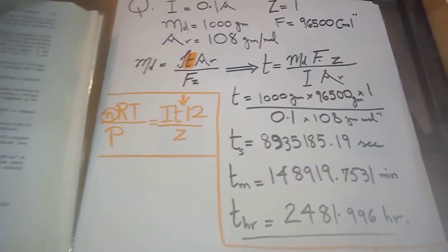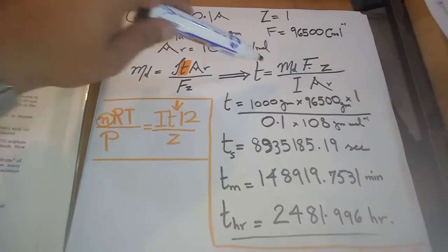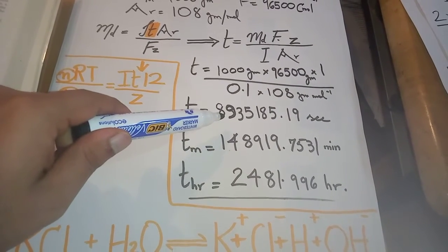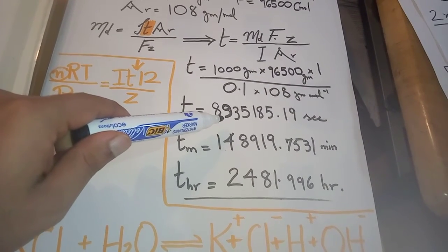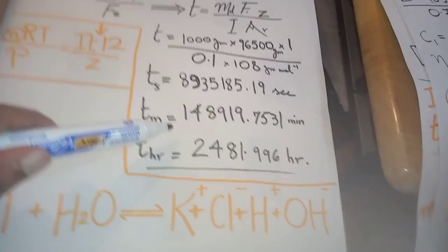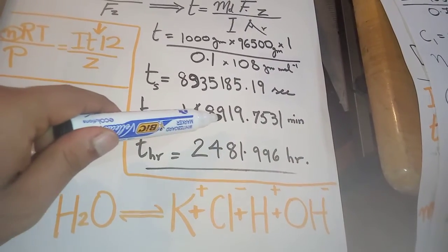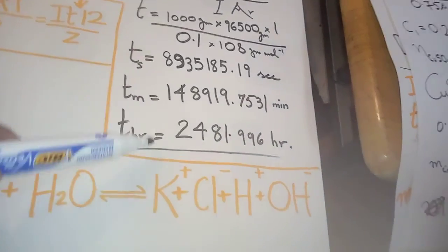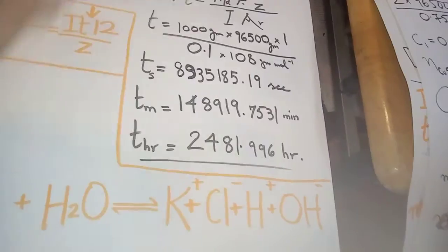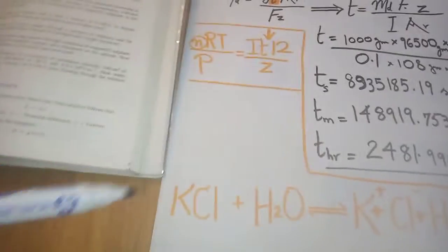So I used this equation, flipped it for time, and found out that it'll be 8,935,185.19 seconds, or 148,919.7531 minutes, or 2,481.996 hours.